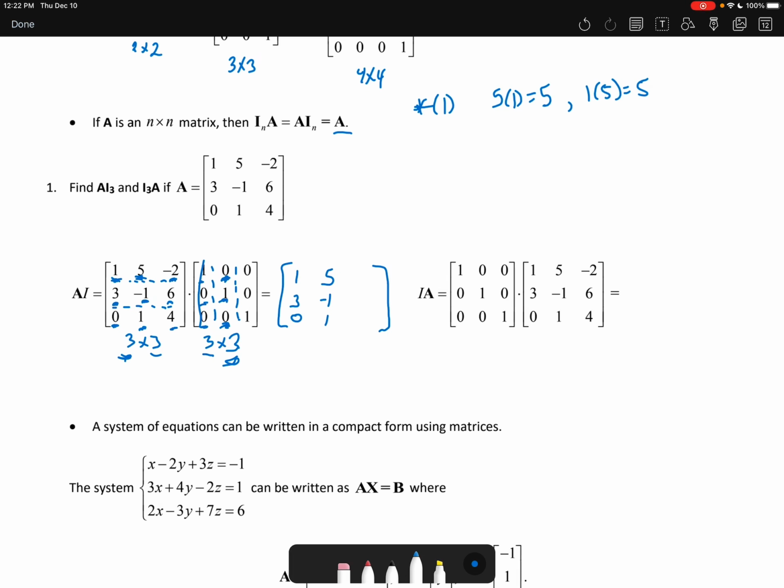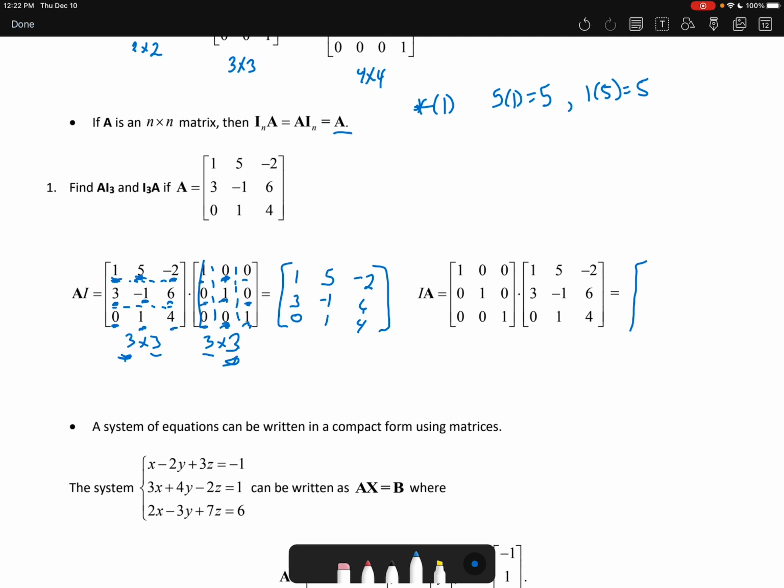And that very last row, if we take 1 times 0 plus 5 times 0 plus negative 2 times 1, we get only the negative 2. And so on and so forth. I'm going to just go ahead and fill these last two entries in. I think you'll believe me at this point, we're going to get that original matrix back.